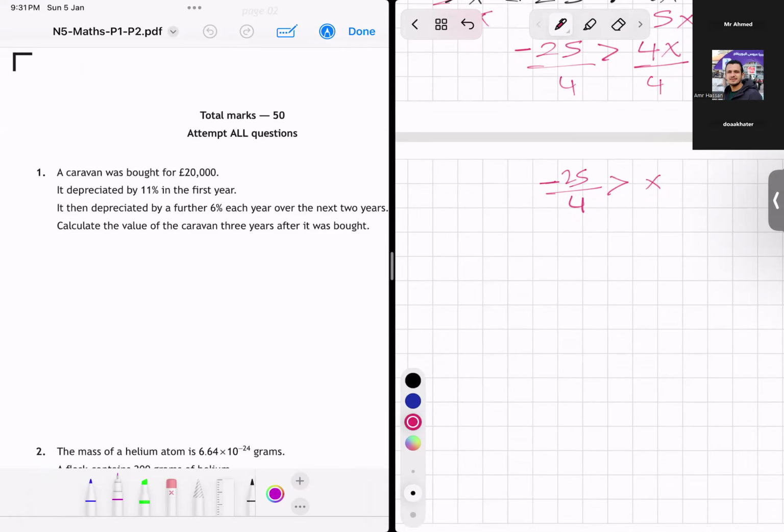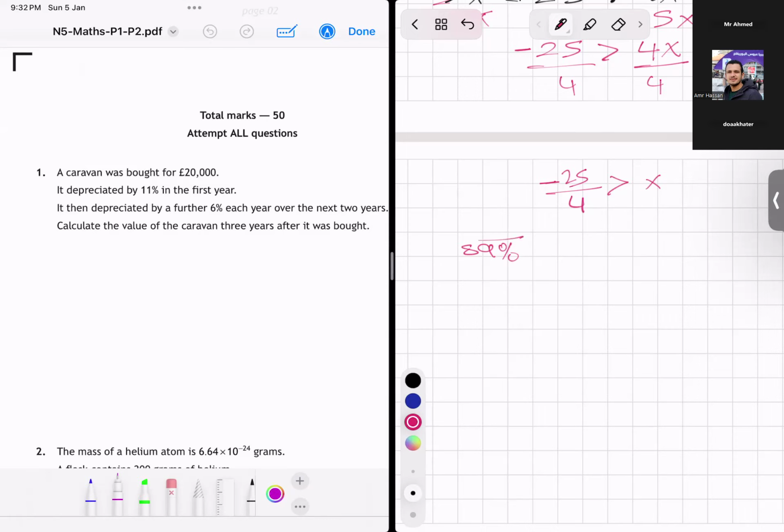So the first one sounds like it's going to be 89%, right? First it takes away 17,800, then you take away 12% from that.